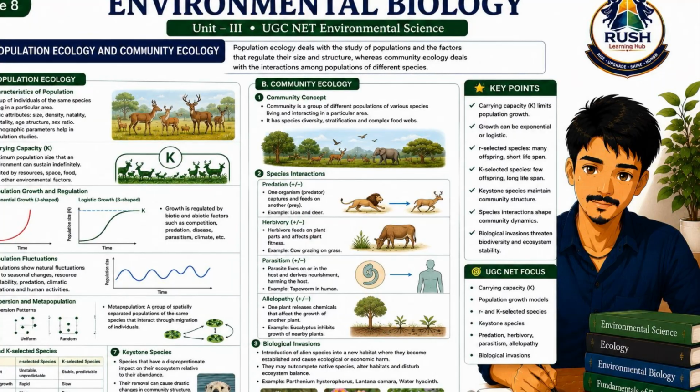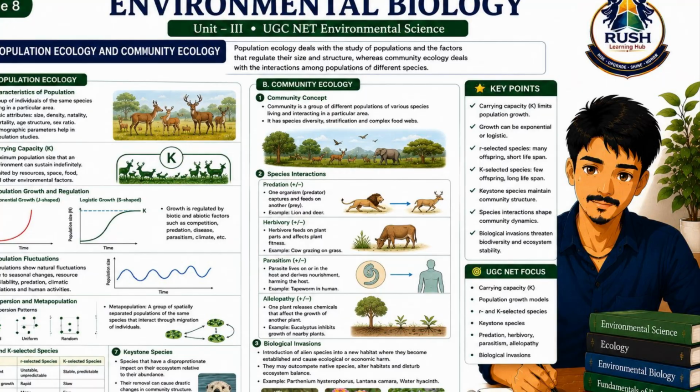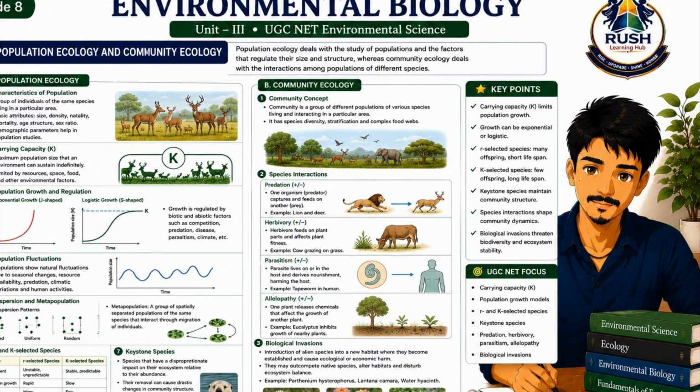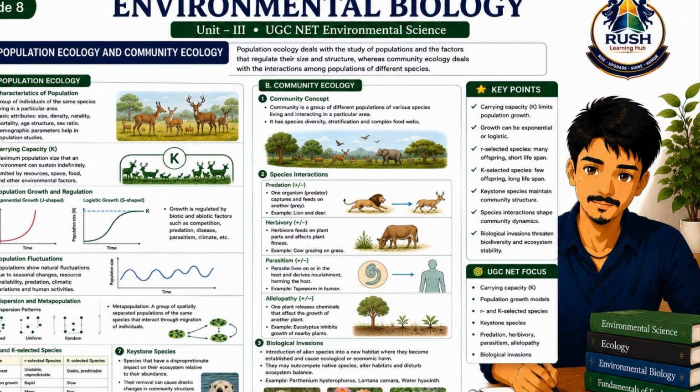Among species interactions, predation is a positive-negative interaction in which one organism, called the predator, captures and consumes another organism known as the prey. Herbivory involves animals feeding on plants and influences vegetation structure and productivity.